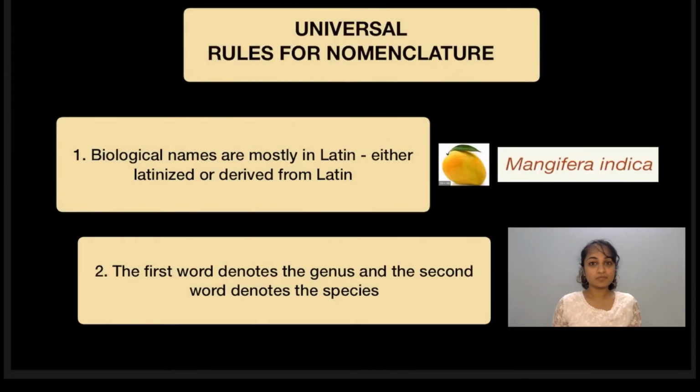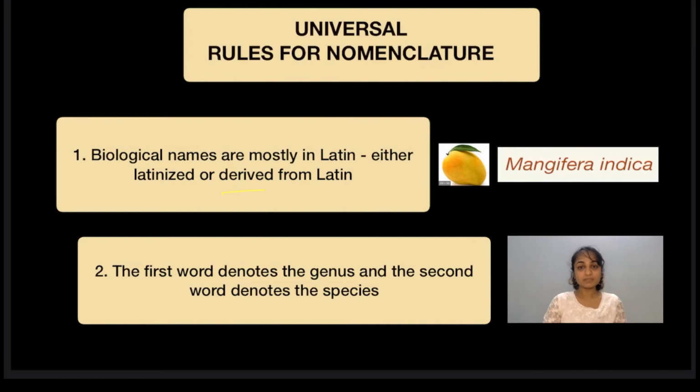Okay, now we'll move on to universal rules for nomenclature. It's important to note that this is not a blind process. There is a specific structure set in place for naming of living things. Rule number 1 is that biological names are mostly in Latin.